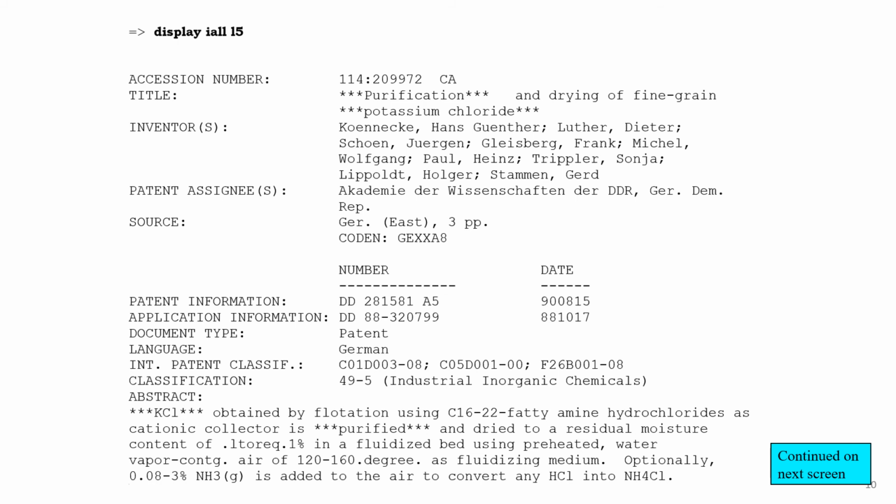You can tell right from the title, purification of potassium chloride. It's very clear what this record, this is a patent, is about. But if we just took the registry number and the S operator and purification, this record was not there. We'll see why on the next screen.